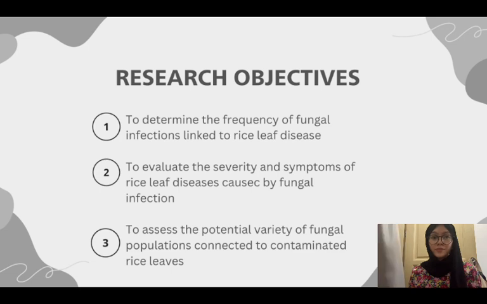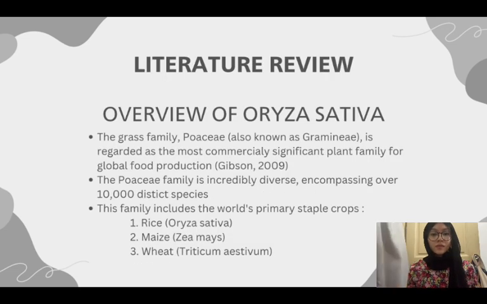So now, according to literature, the Poaceae family is incredibly diverse, encompassing over 10,000 distinct species, making it the most commercially significant plant family for global food security. This family includes the world's primary staple crops, which are rice, maize, and wheat.